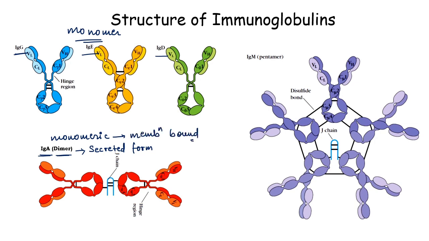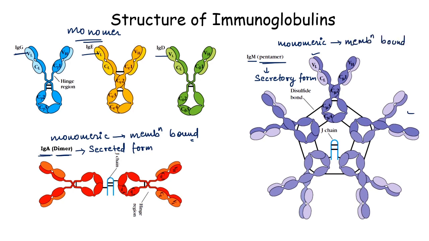If you talk about IgM, it is pentameric, that is it has 5 monomers. This pentameric form is the secretory form. It also has a monomeric form, and this monomeric form, like IgA, is also membrane bound.